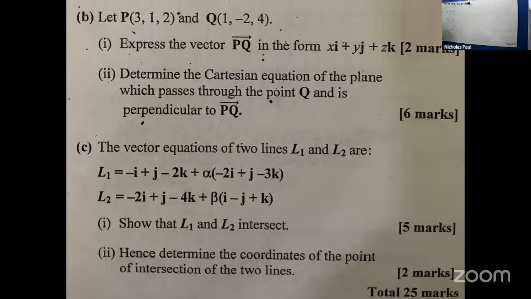The point on the plane is Q. So that's 1, minus 2, 4, and you multiply it by this. So I have minus 2x minus 3y plus 2z is equal to this value here, right? I got minus 2 plus 6 plus 8.